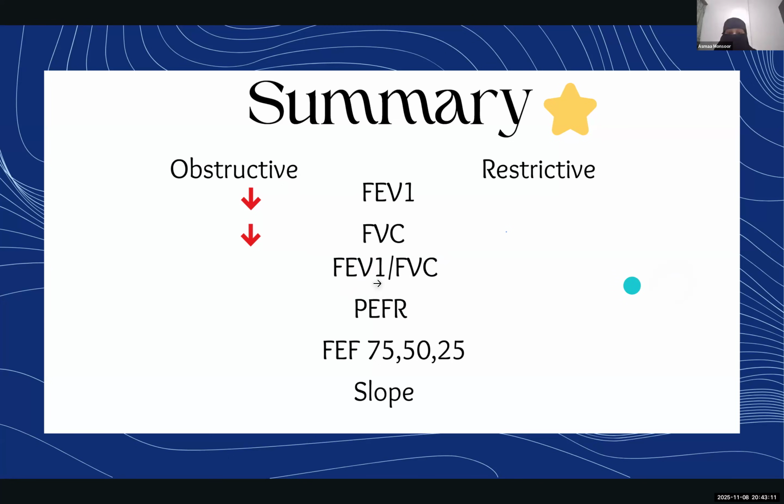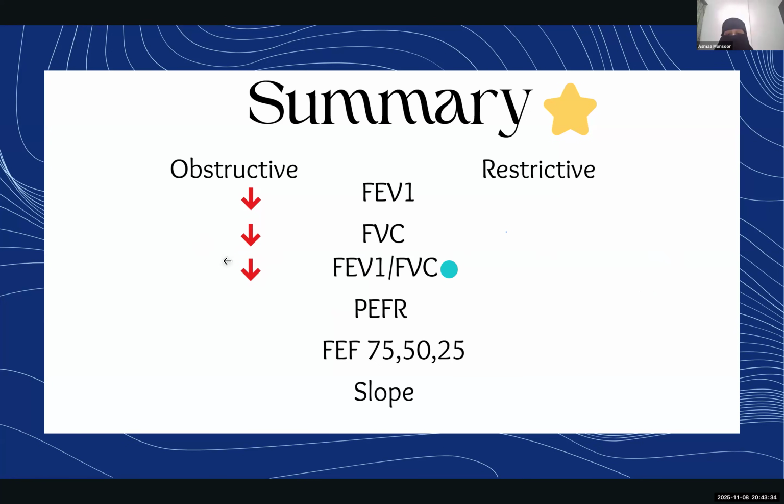Why will it decrease? Because you're not able to exhale the air because of the occluded or the restricted airways. The restricted airways are not allowing you to exhale as much air as you want in the first second. So the FEV1 to FVC ratio will be decreased, less than 80%. It will be decreased.